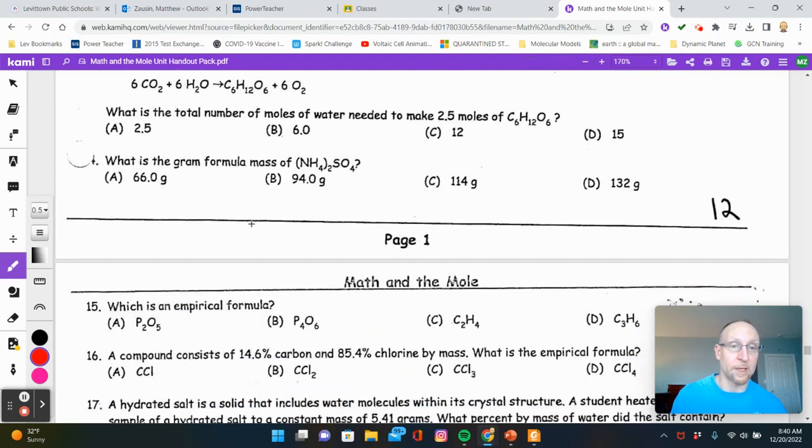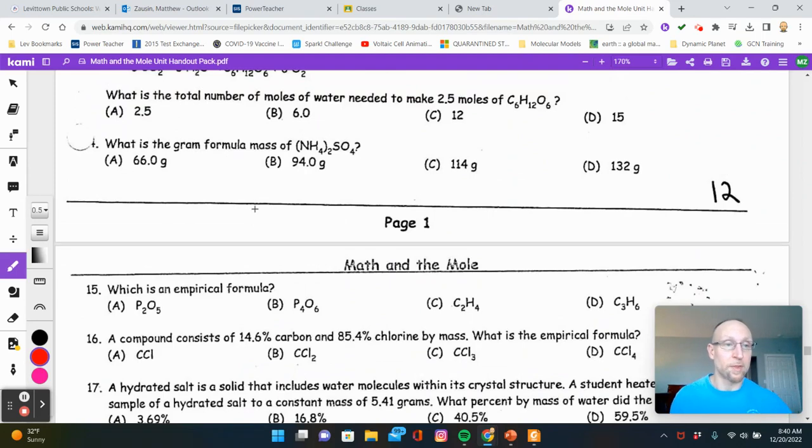Number 14, the only thing to watch out for here is remember what the parentheses mean. That 2 applies to everything inside. So we've got 2 nitrogens and 8 hydrogens. When we're tallying up the mass of the whole thing, we want to make sure we get the correct mass, which is 132 grams.